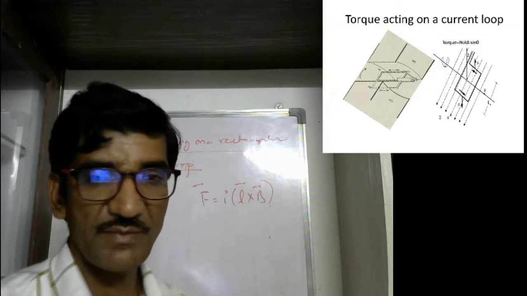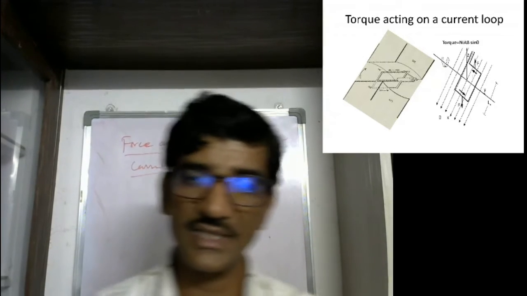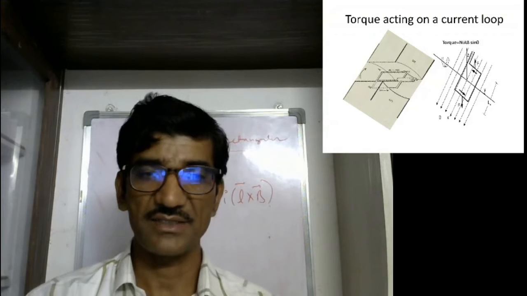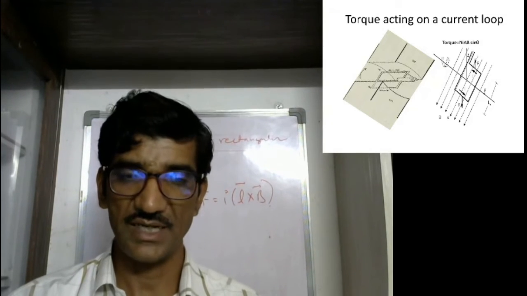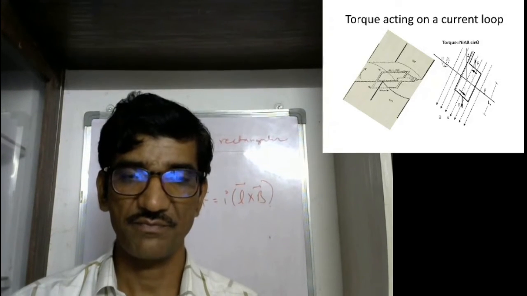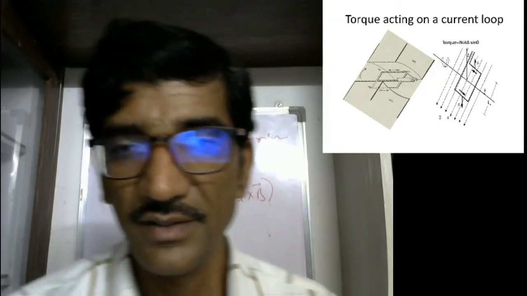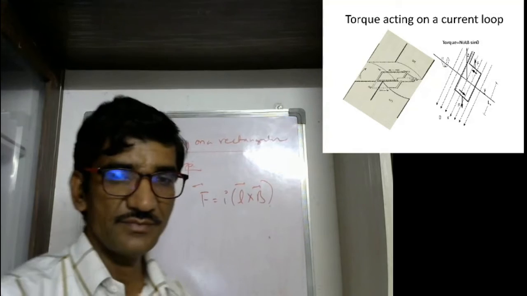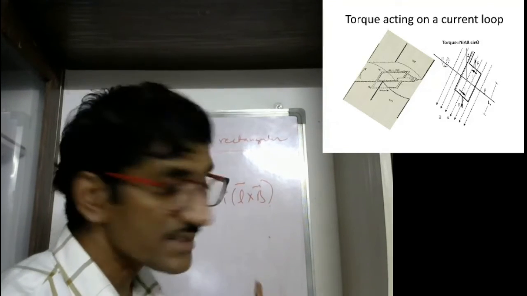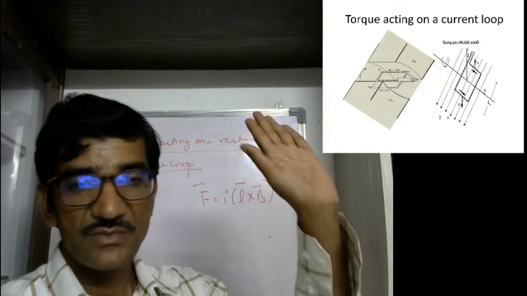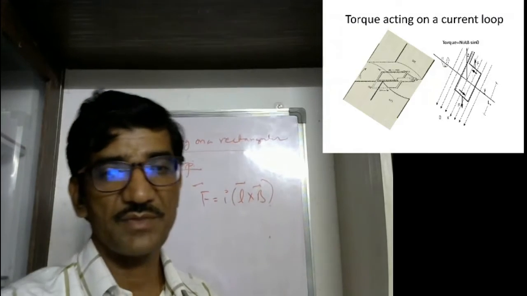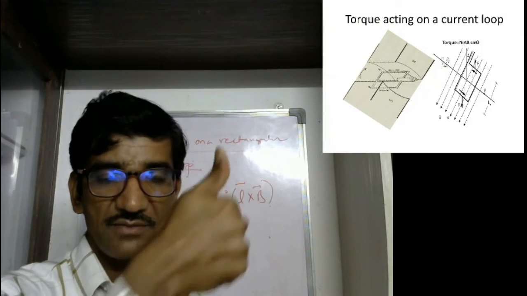Here you may use Fleming's rule to know the direction of the magnetic field. When the current is flowing from bottom to top, you put your finger like this.